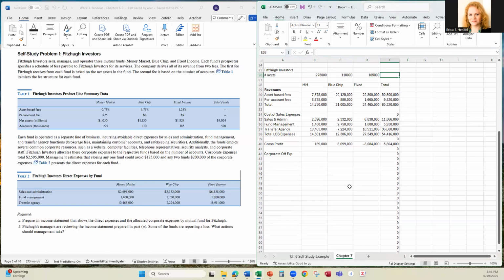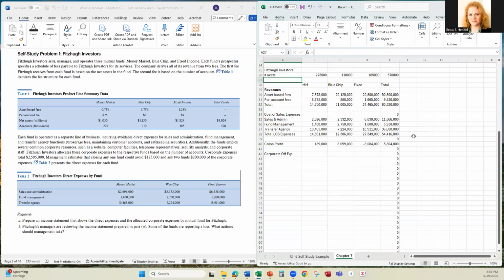And so our unit of allocation then is number of accounts. So we're going to need to know in total how many do we have. Okay, so 570,000 total accounts.